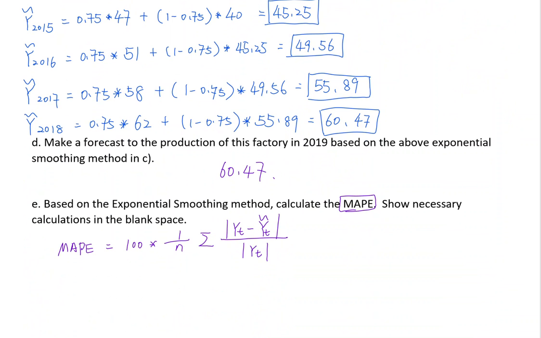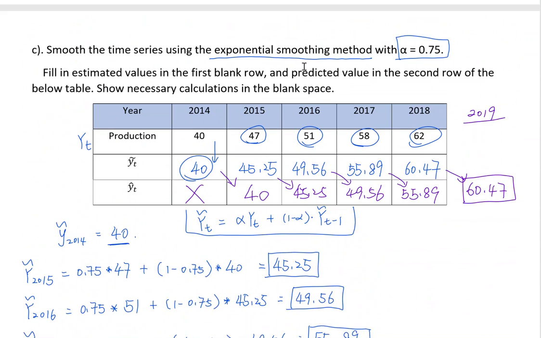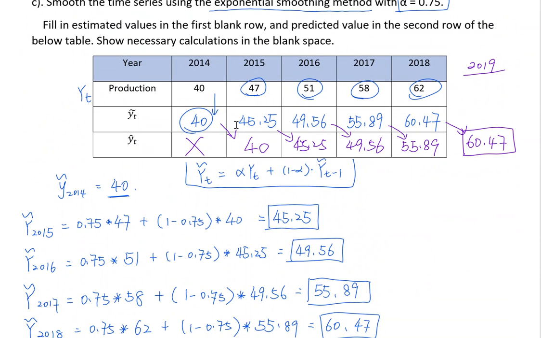There is a mistake here. This is not the estimated value. This is the predicted value, yt hat. So in this table, you need to count how many pairs you have for yt and yt hat.